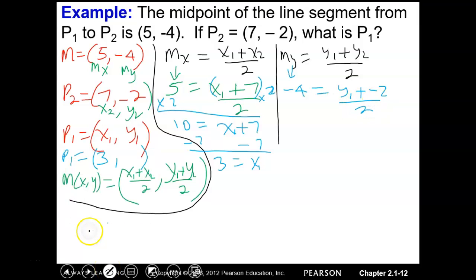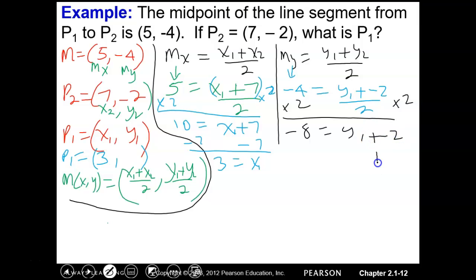Okay, and then we again multiply by 2, multiply by 2. That will give us negative 8 equals y1 plus negative 2.